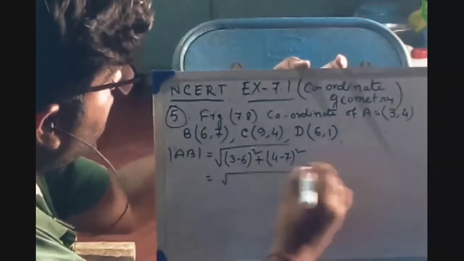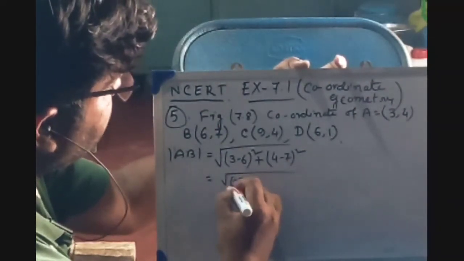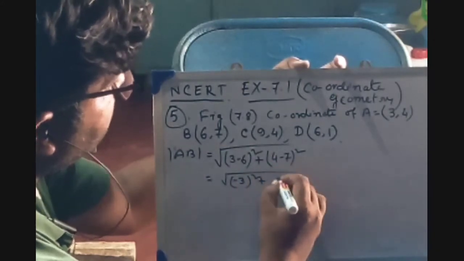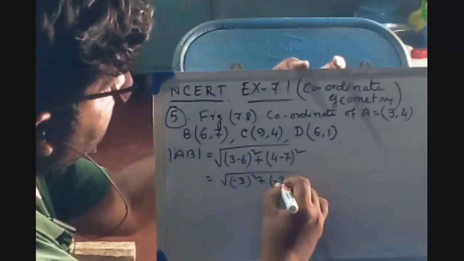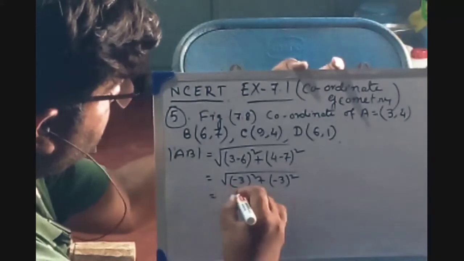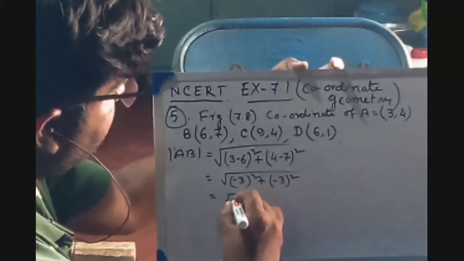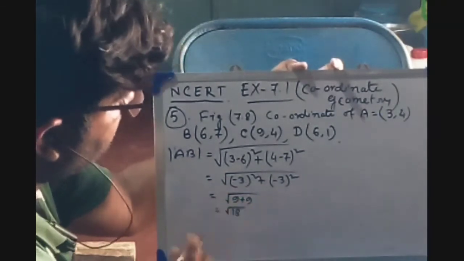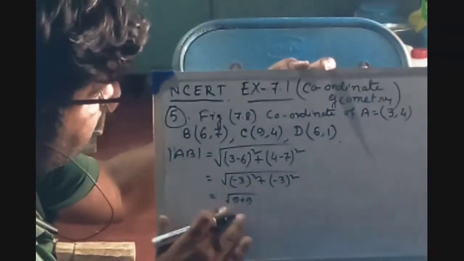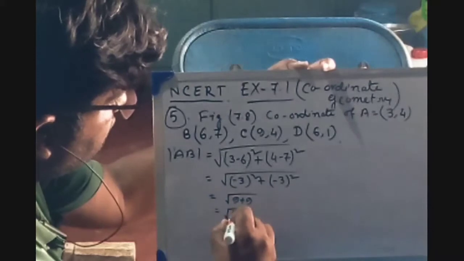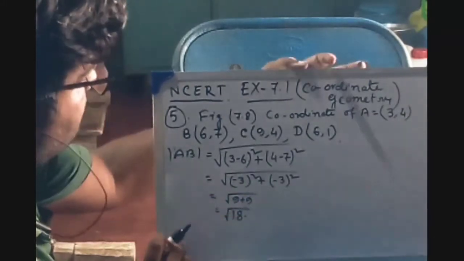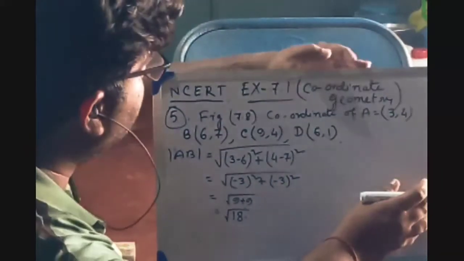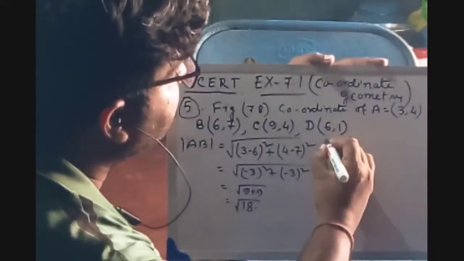That equals root under of (-3) whole square plus (-3) whole square. So that equals root over of 9 plus 9, means root 18. Hope you are able to see it. This will be root 18. Next we have to find BC.